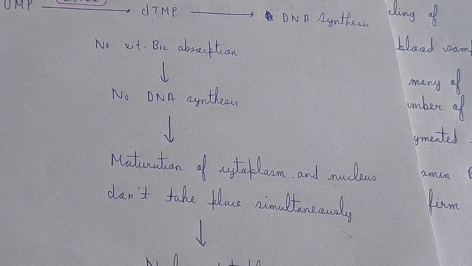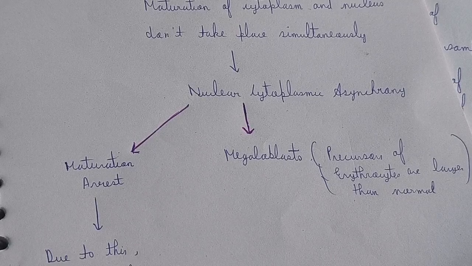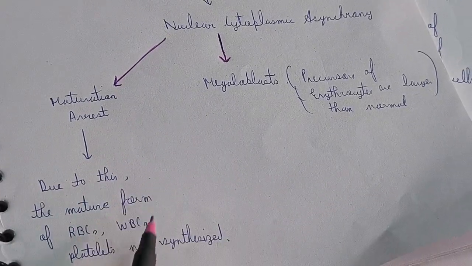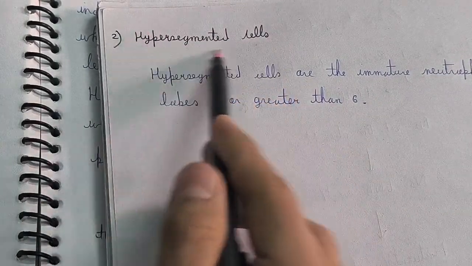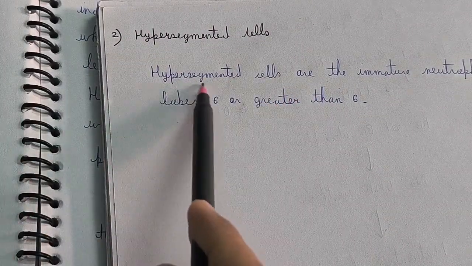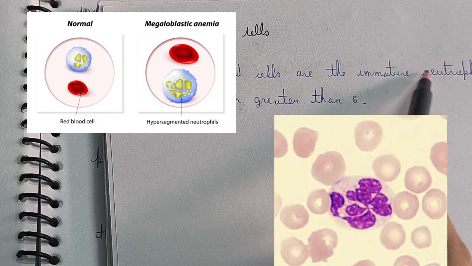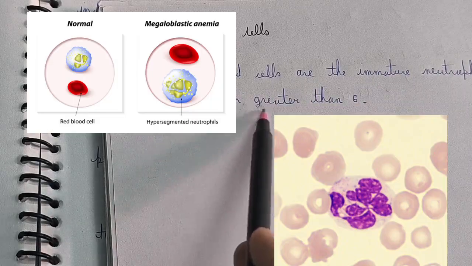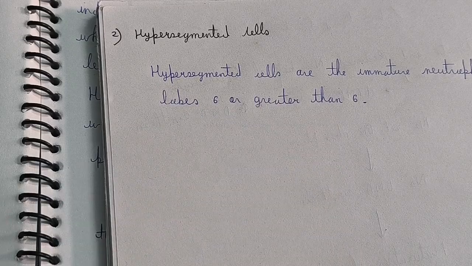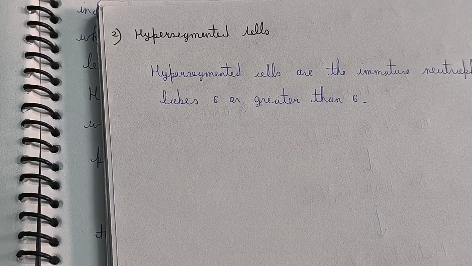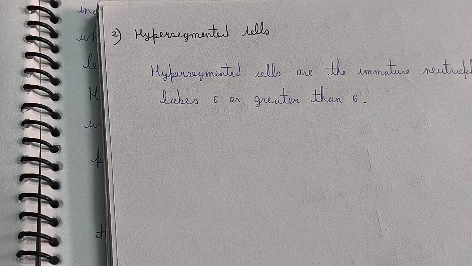Similarly, the mature form of WBC does not occur, and this leads to the formation of hypersegmented neutrophils. Hypersegmented neutrophils are immature neutrophils having six or more lobes, and you already know that the neutrophil is also a WBC, basically a leukocyte. That's all.